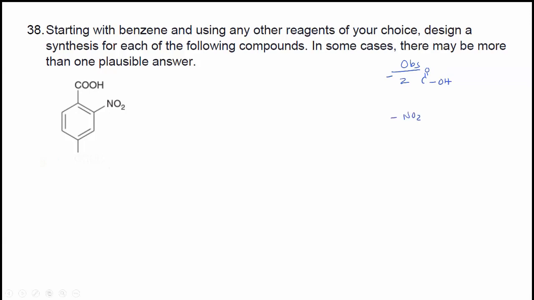One of the nitro groups is ortho to one of the carboxylic acid groups there. So that might have been something before it was carboxylic acid. So we could have had this prior to that and then did an oxidation with the Jones reagent or KMnO4 in order to get those 2 benzoic acids.